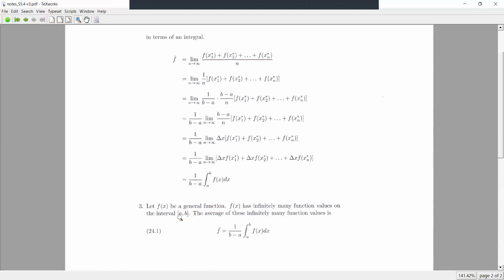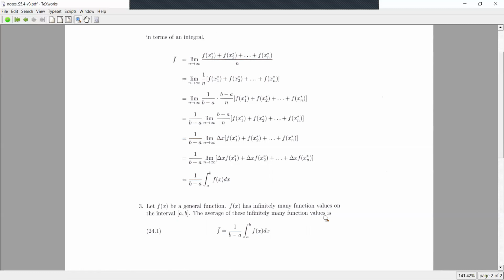Then over this interval AB, the function has infinitely many function values. Now the question is, what is the average of these infinitely many function values? Take an average on these infinitely many function values.